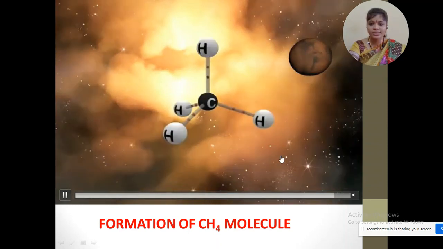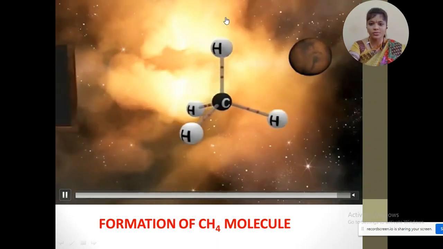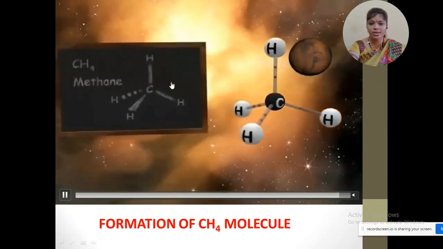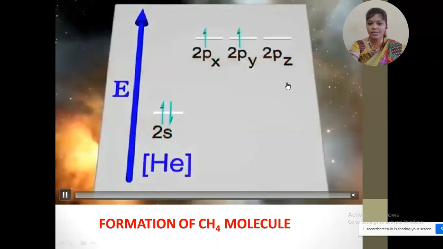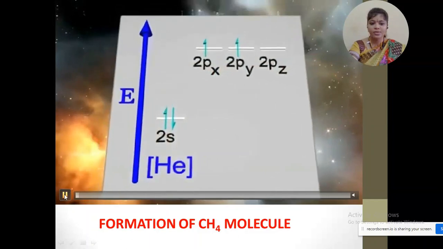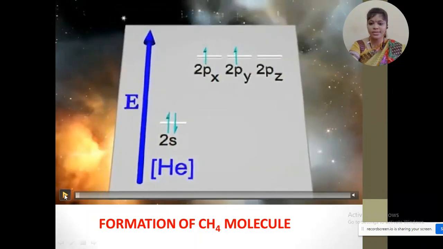This is the structure of methane, where the carbon sp3 hybridized orbital overlaps with the s orbital of hydrogen. The methane structure is tetrahedral. The bond angle between two adjacent atoms is 109 degrees 28 minutes.